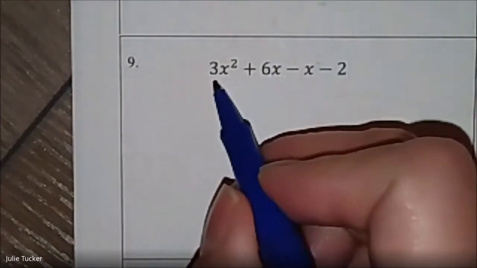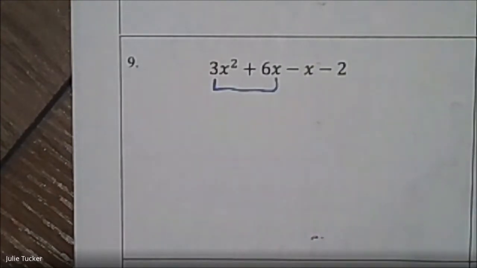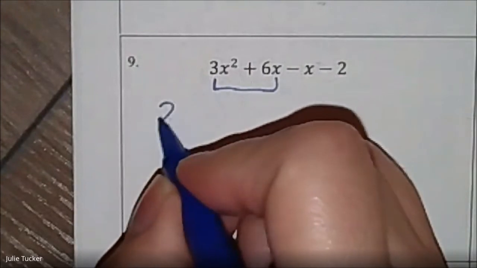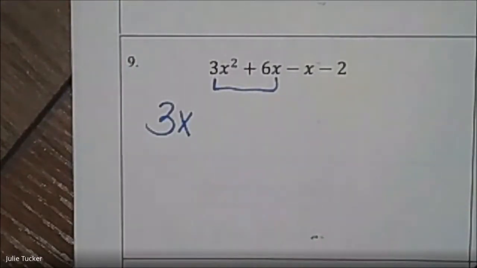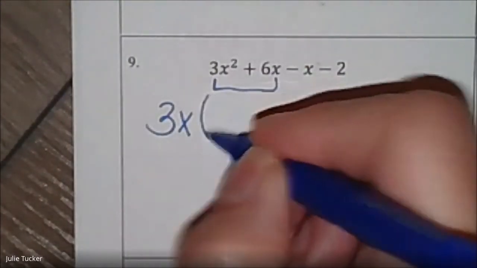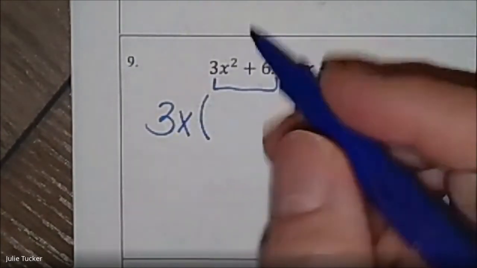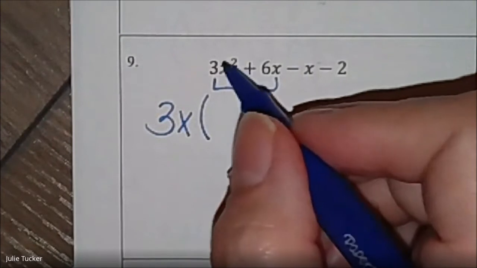Let's do this one. What is a number that divides into both the 3 and the 6? 3 is divisible by 3. That's pretty much it. 3 divides into 3 and 6. So we start by dividing 3x out of it. So 3x times what is 3x squared?